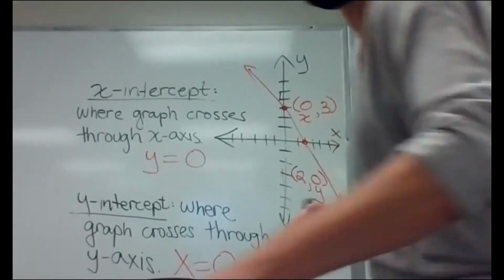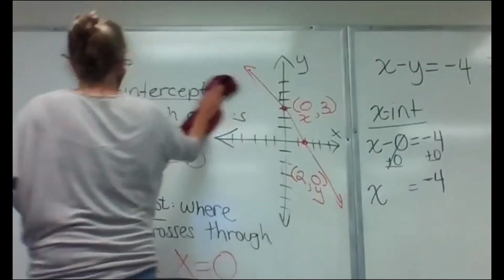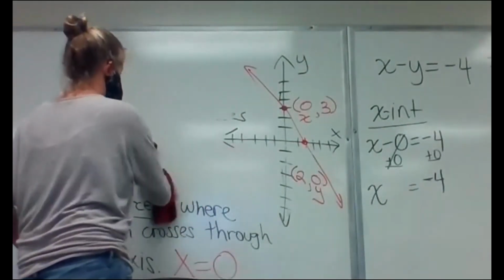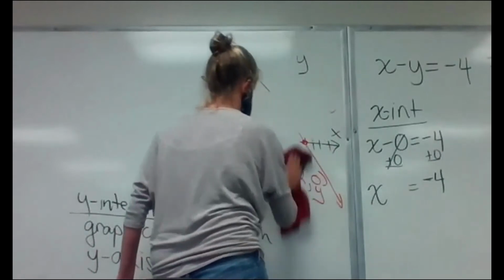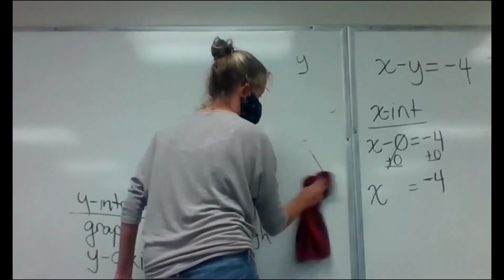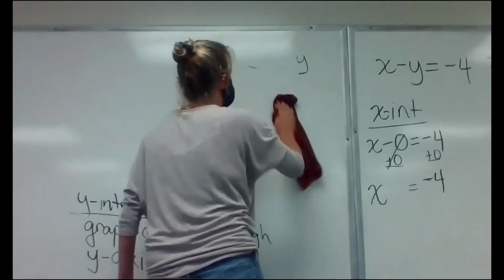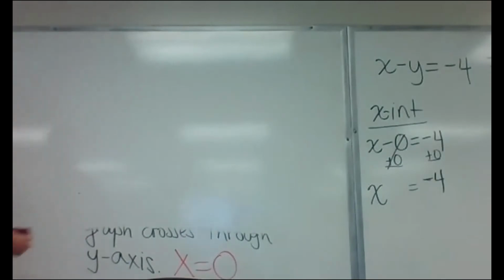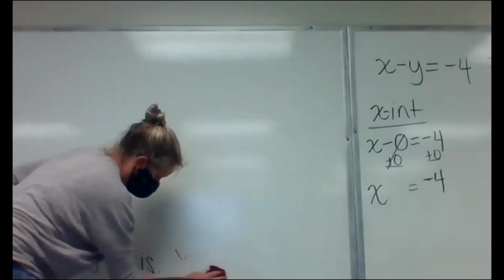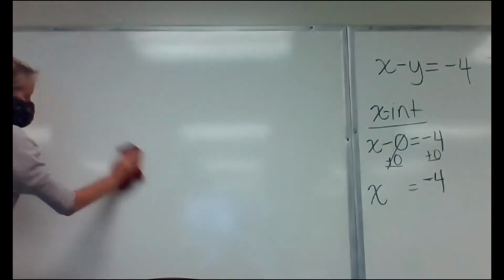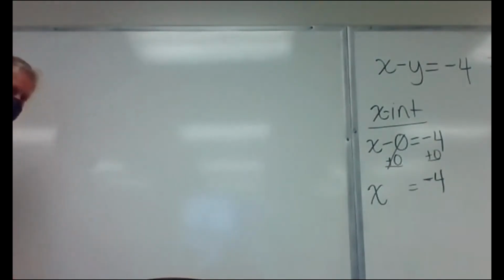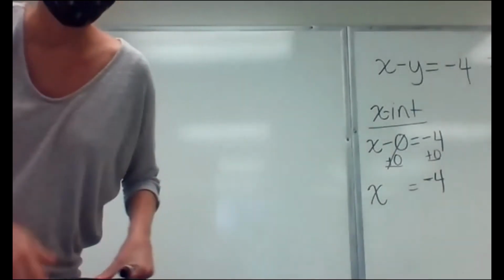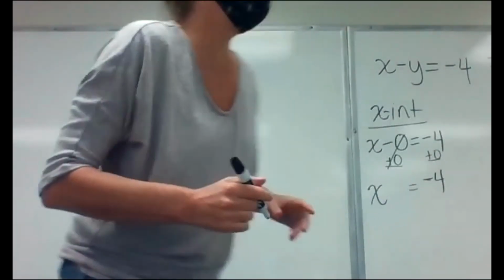Okay, let's look at number 3. 3 is a good option for calculator, and I'll show you why. Y equals X minus 8.